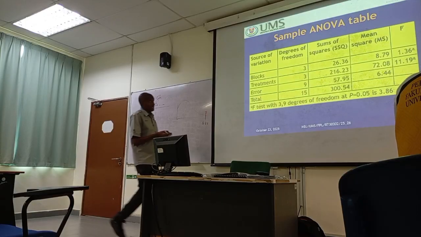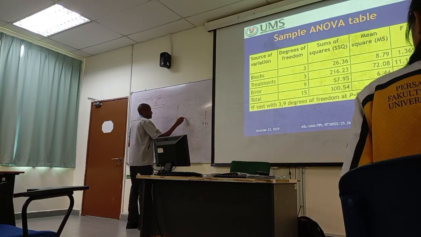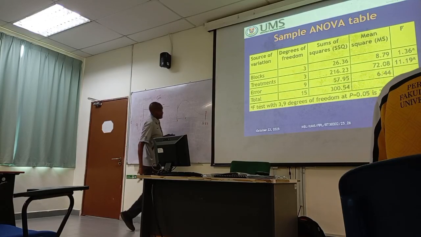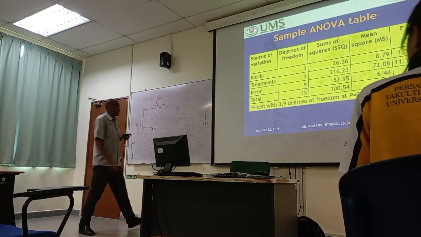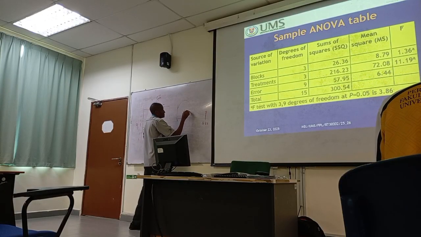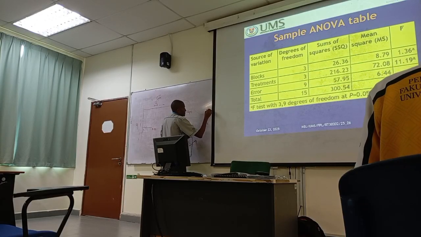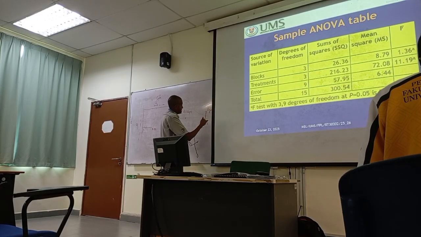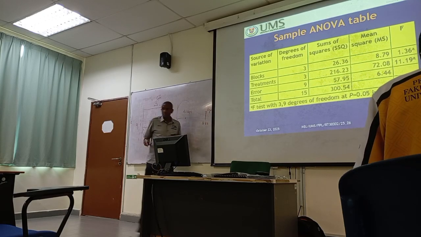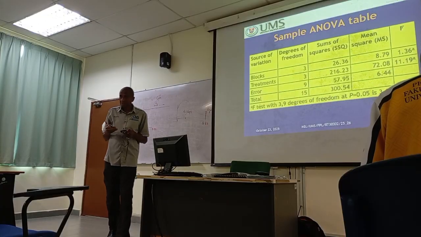So this answer here is 1.36. Where is it? Somewhere here, right? You start here at 0, you count, maybe 1.36 is there. So this is the acceptance zone. Accept. Anything outside, we reject. So 11.19 is outside, right? Somewhere there. So reject that. This one we accept. Block, accept.